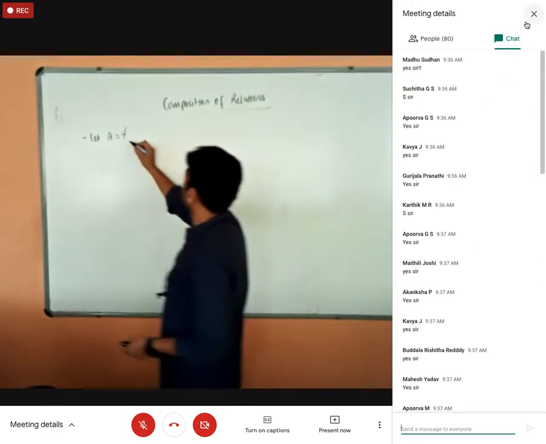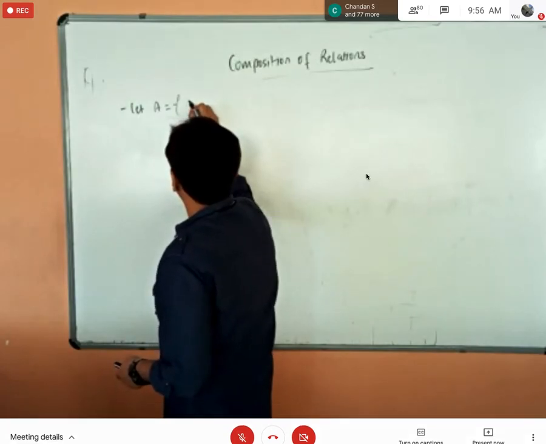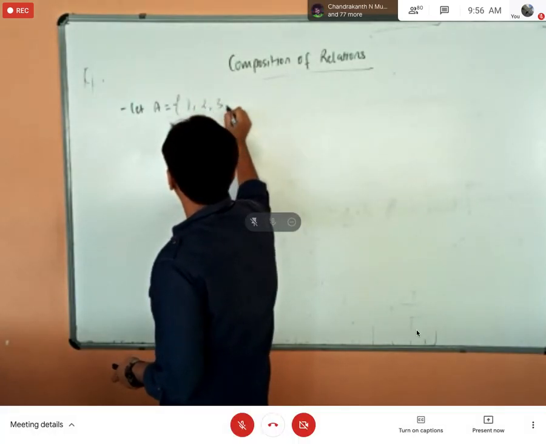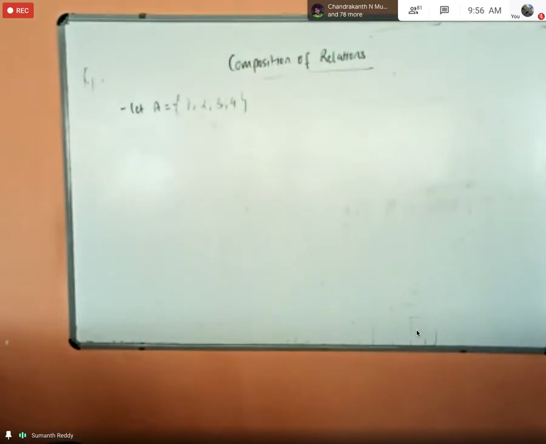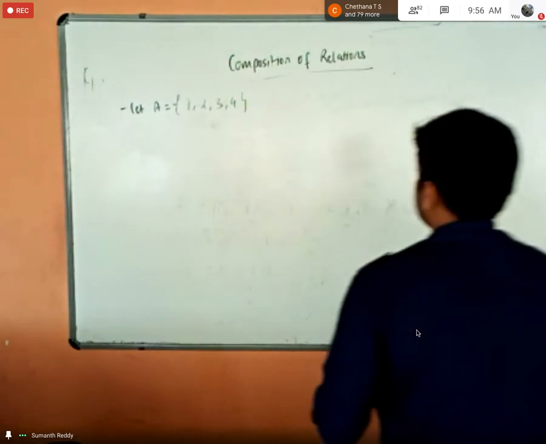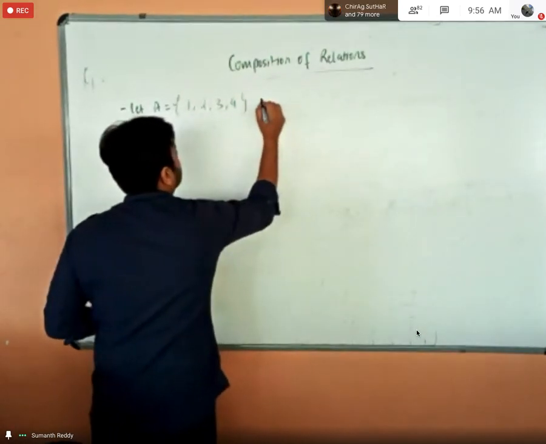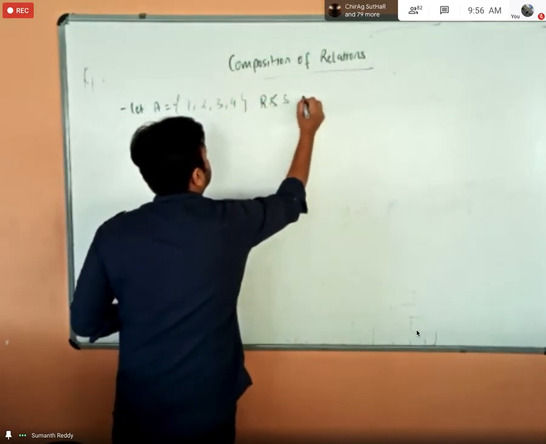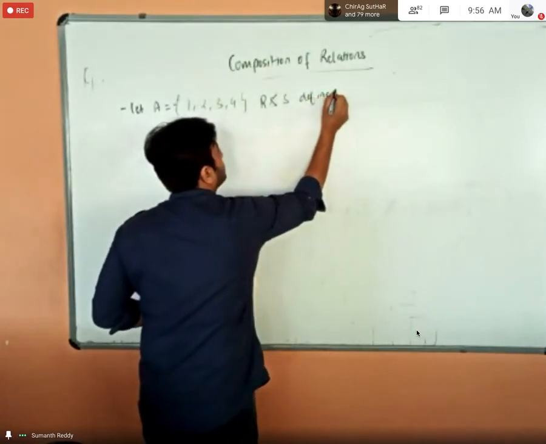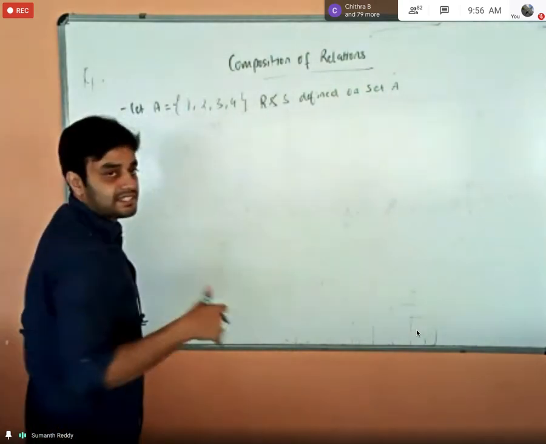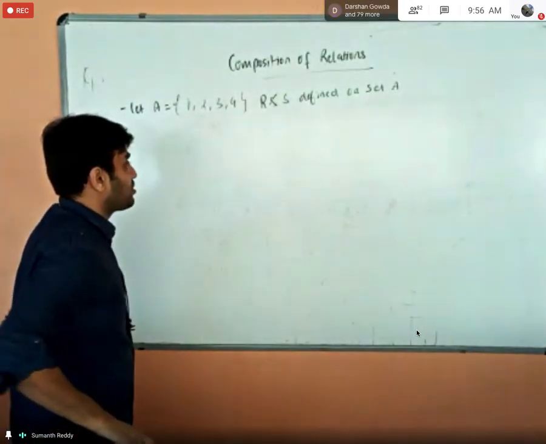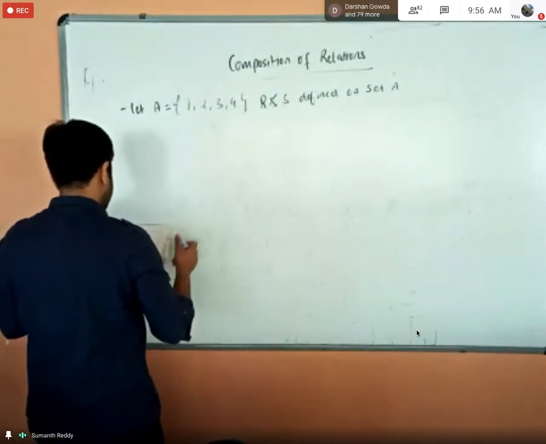Let A is equal to 1, 2, 3, 4, and then the relations R and S are defined on set A. As you already know, if the relations are defined on the same set, then such relations are called binary relations.